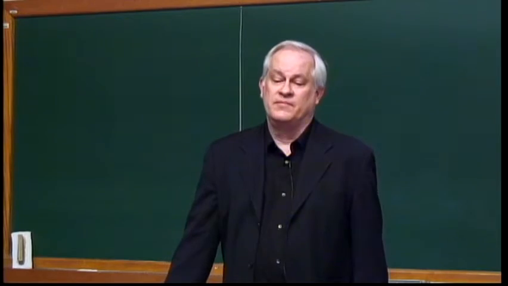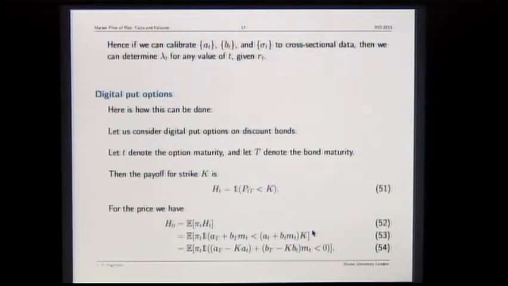So what this implies is that if somehow we can calibrate A and B and sigma to cross-sectional market data at time 0, then we can determine the market price of risk at any value of t if we're given the short rate. Now, we'll regard the short rate as being observable in the market, and so this implies that the market price of risk is observable in the market at any time.